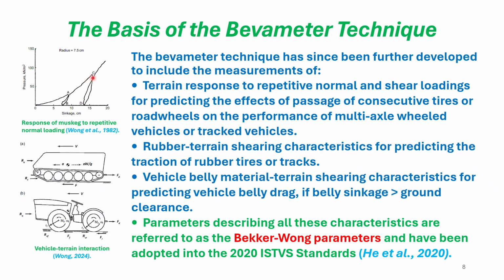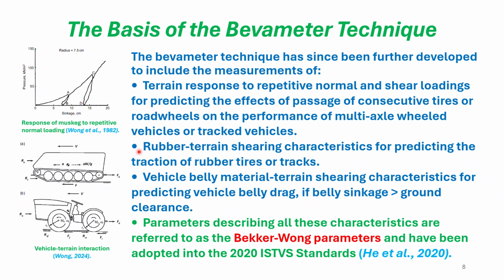If at point C, the pressure applied by the rear tire decreases, then the pressure sinkage relationship will follow this unloading line. This distance represents the total rut depth created by the front and the rear tire.